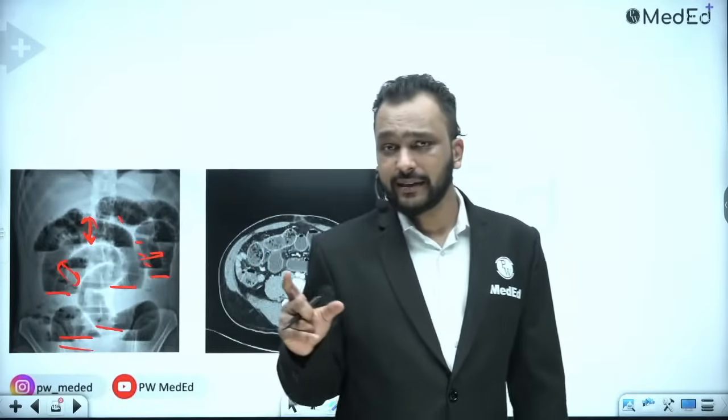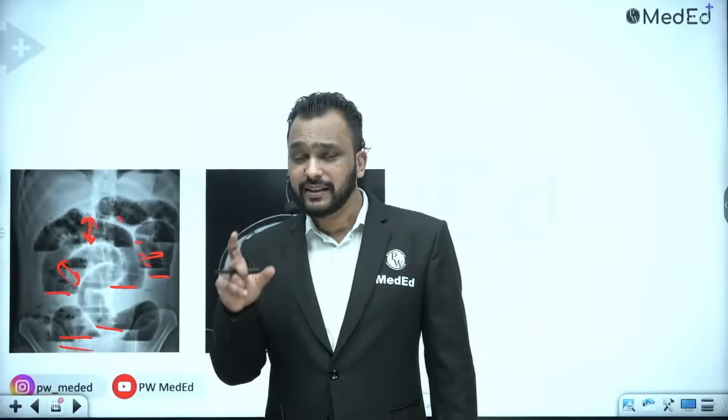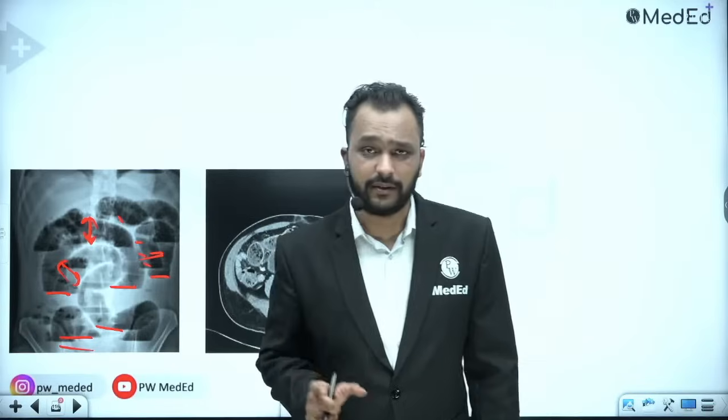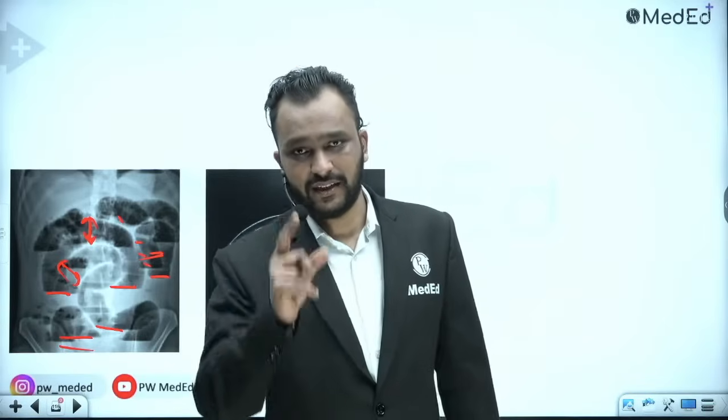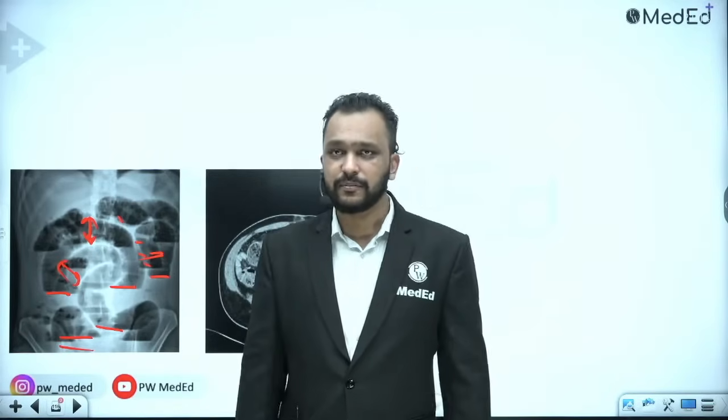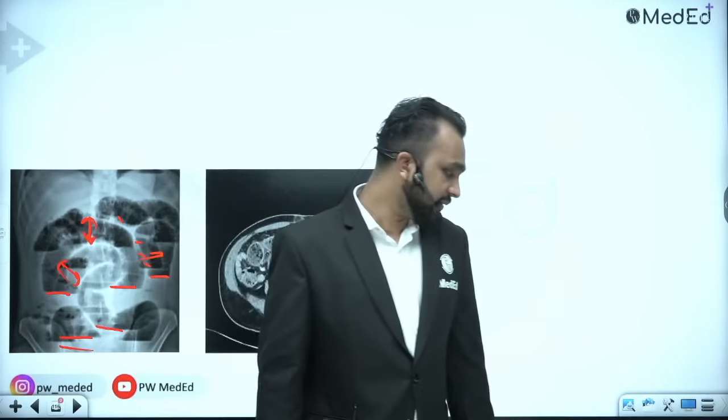And what is the criteria? When the loops are dilated more than 3 cm in diameter for small bowel. For large bowel it is 6 cm, and for cecum it is more than 9 cm.